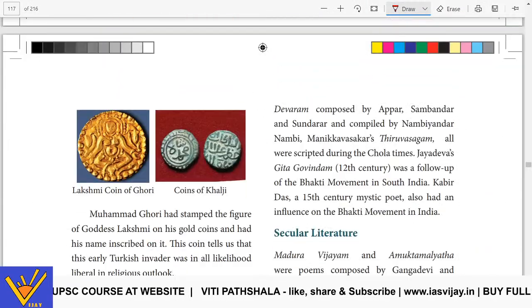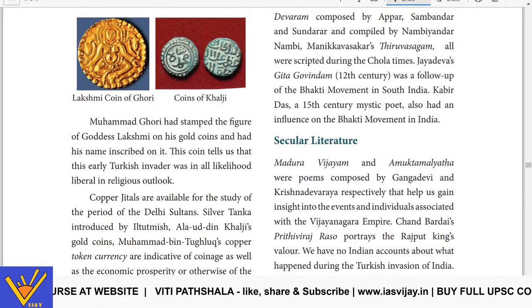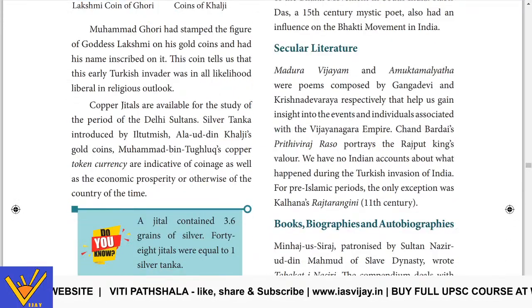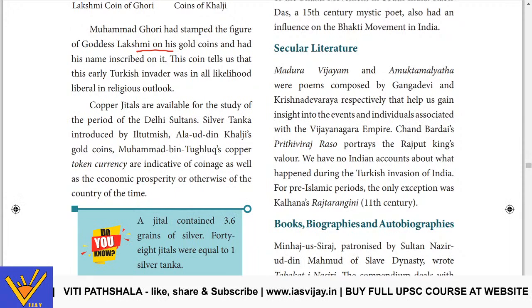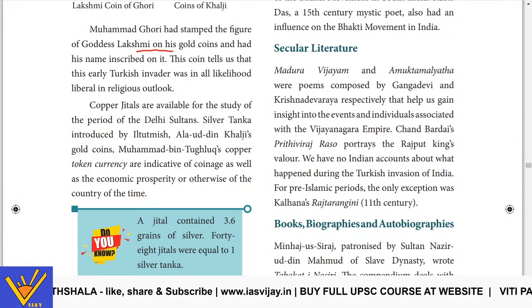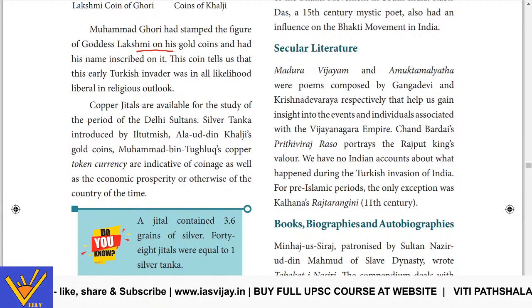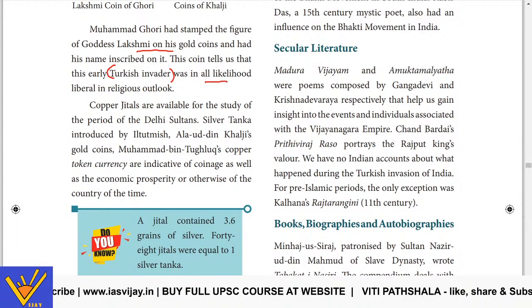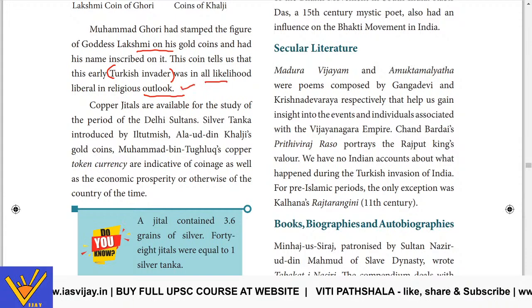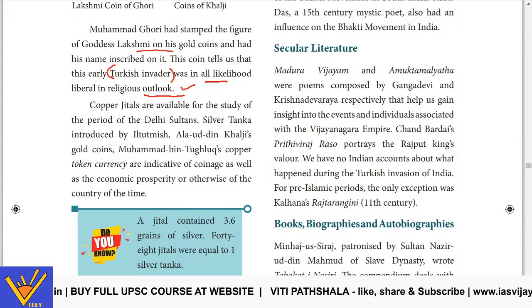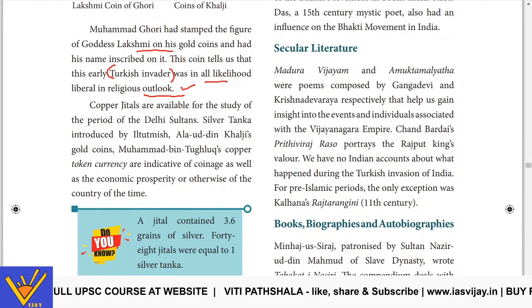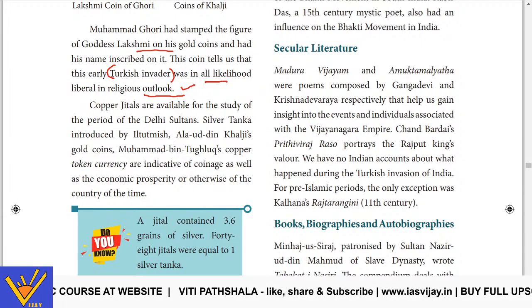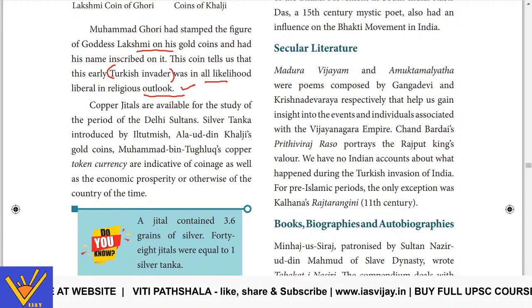So remember, he stamped the goddess Lakshmi on his coin and had his name inscribed on it. This coin tells us the early Turkish invaders were in all likelihood liberal in religious outlook. So it tells us the Islamic rulers were liberal rulers.